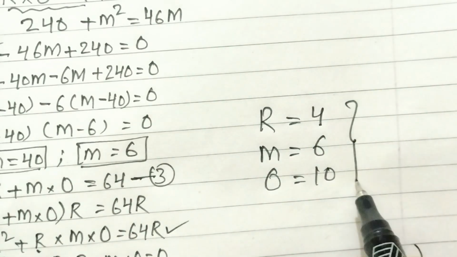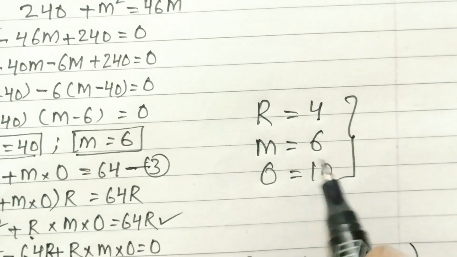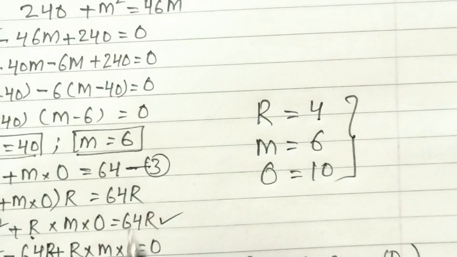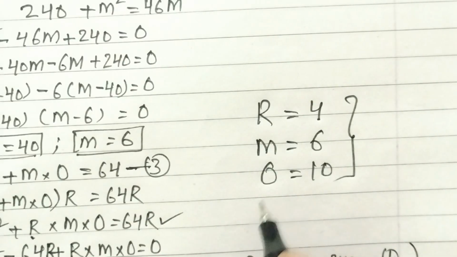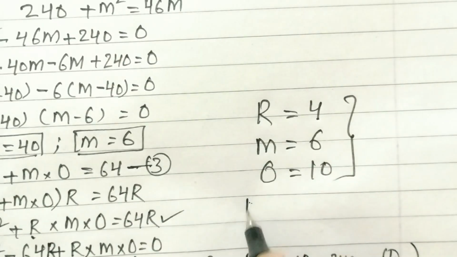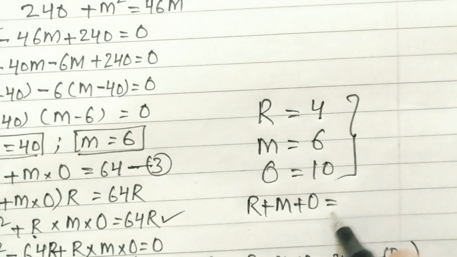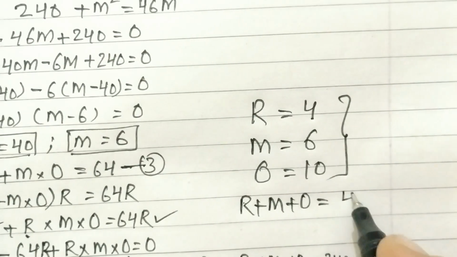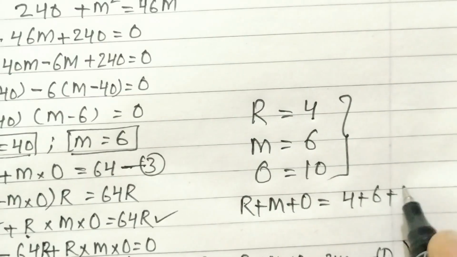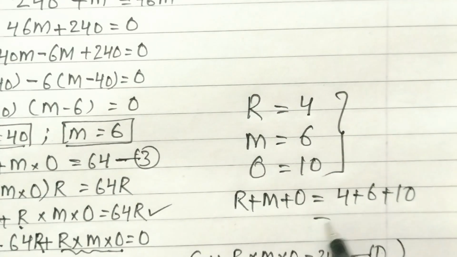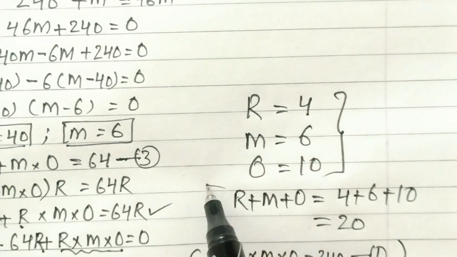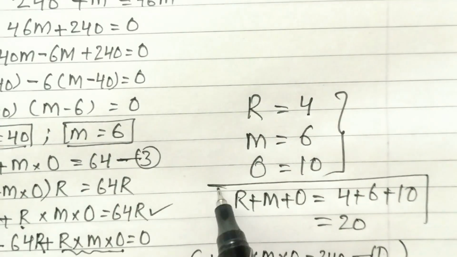These are whole numbers and acceptable values, and these numbers satisfy our equations. So R plus M plus O is equal to 4 plus 6 plus 10, which is equal to 20. This is our required result.